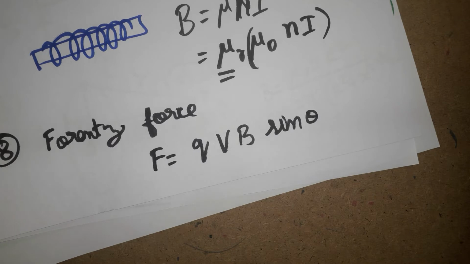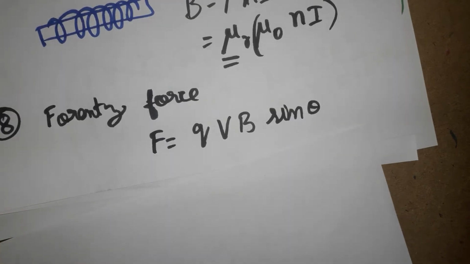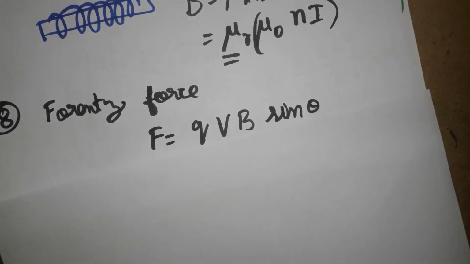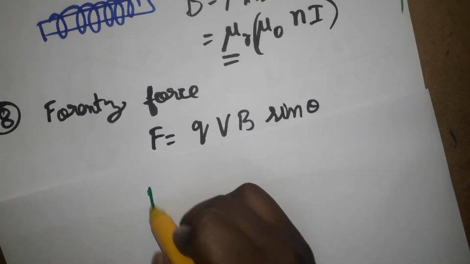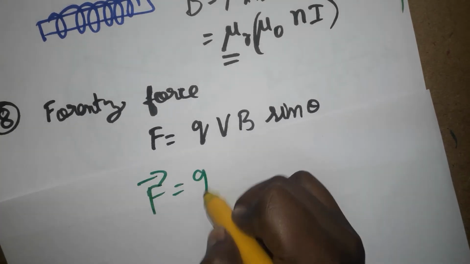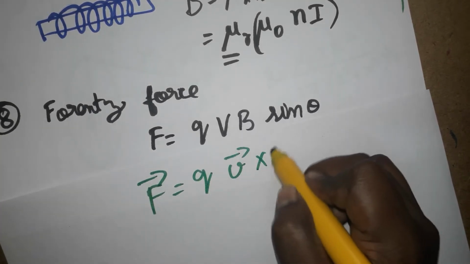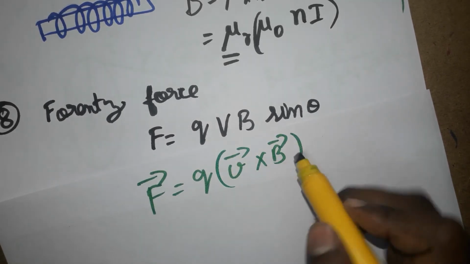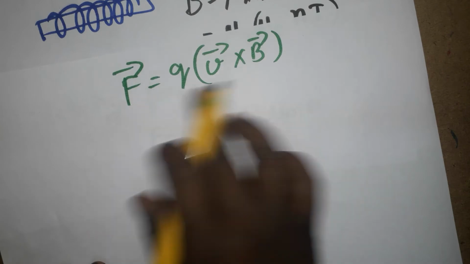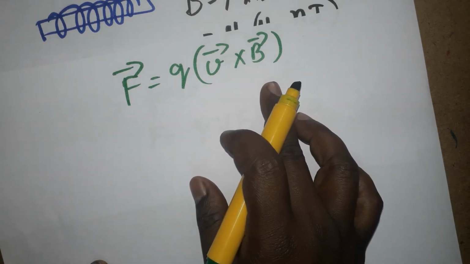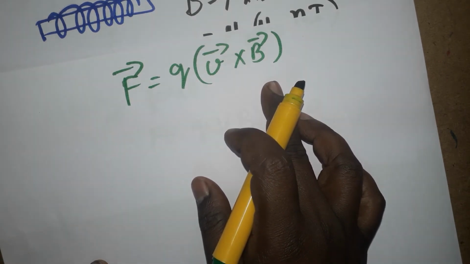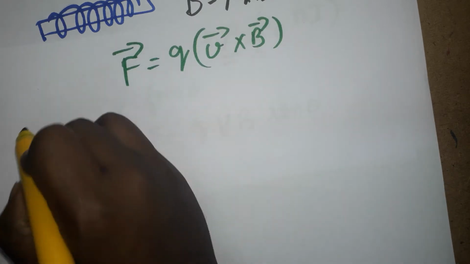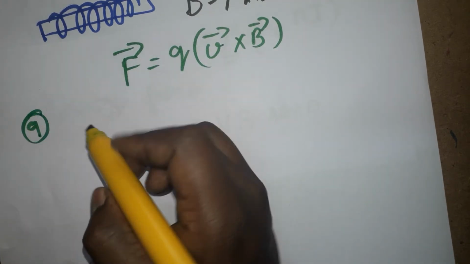So force, a vector, is equal to charge times velocity, a vector, cross magnetic field, a vector. This is used to find the force direction when a charge moves in a magnetic field perpendicular to the magnetic field.